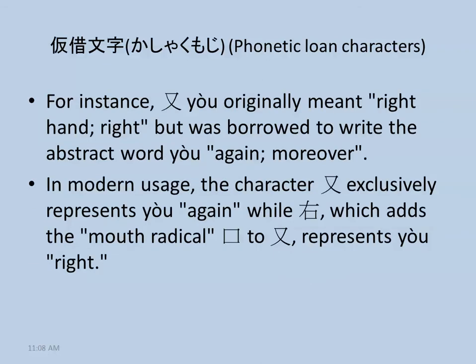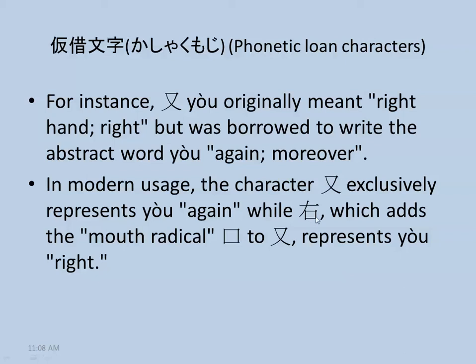For example, this character, yo, which is read yo, originally meant right hand or right, but it was borrowed to write another word, to write the abstract word yo, again or moreover. It's easy to write, it was only 2 strokes, people thought, yeah, sure, I'll do it. In modern usage, the character yo exclusively represents that later meaning, again.